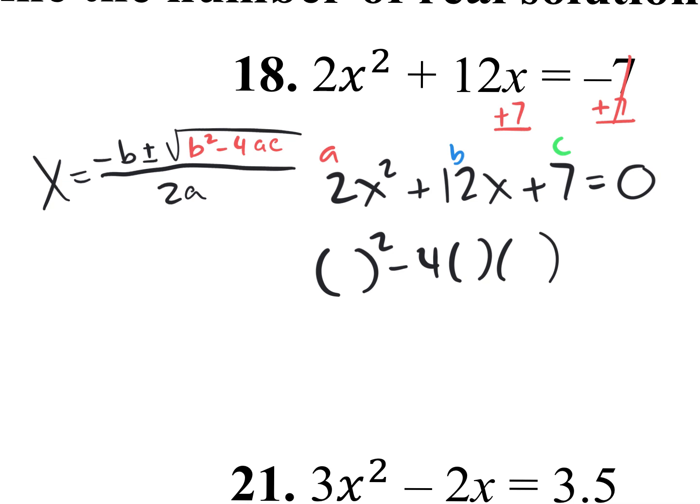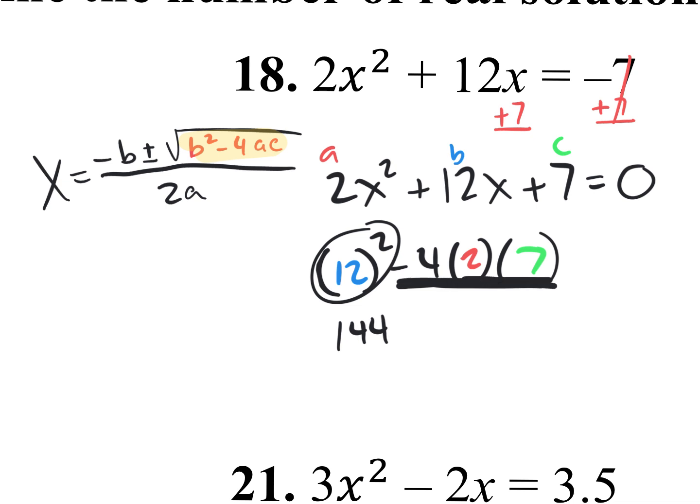So the B value is 12, that goes right here. The A value is 2, that goes right here, and the C value is 7, that goes right here. And again, right now we're only working on the discriminant value, the value inside the square root. So when we do this math, 12 squared, that's 144, and then -4 times 2 is a -8, -8 times 7 is a -56.